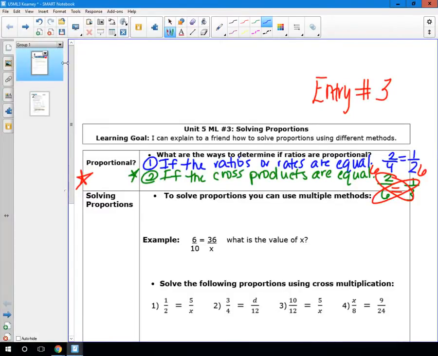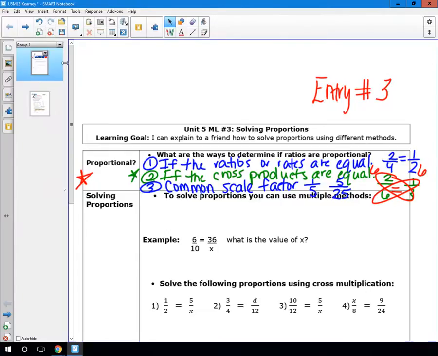The third way to determine if 2 ratios are proportional is if they have a common scale factor. So, for example, if you had the 2 ratios 1/5 and 5/25, scale factor means a number that you are multiplying by to either make it bigger or smaller.